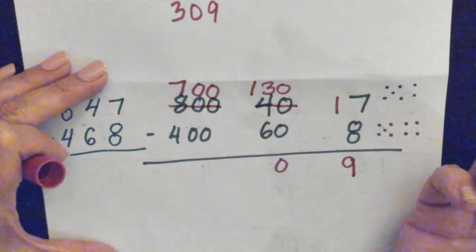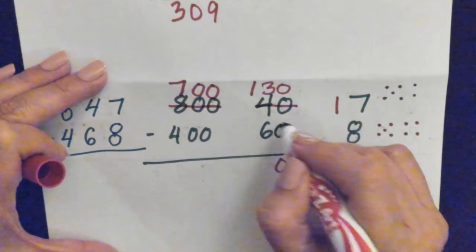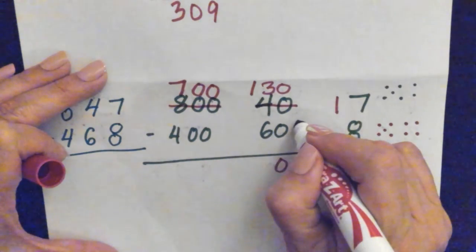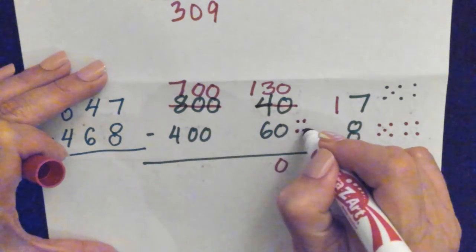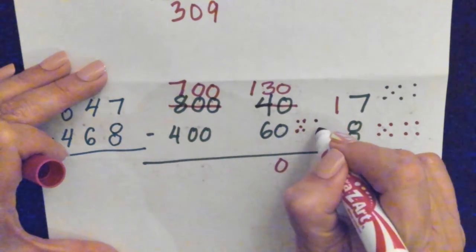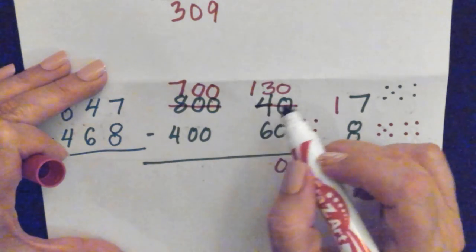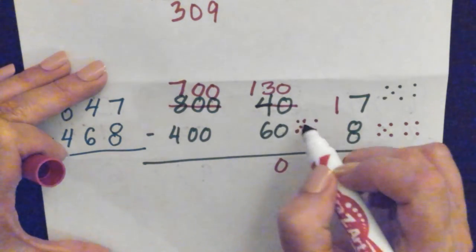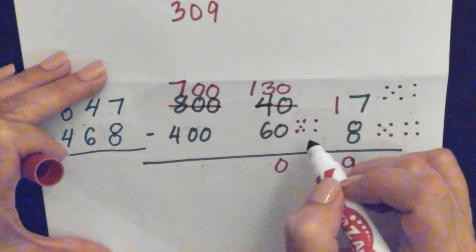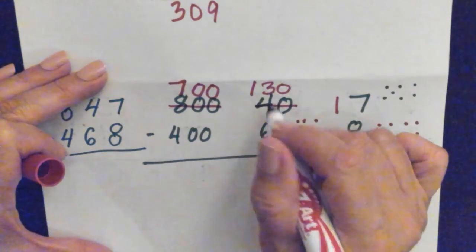Again, if you want to use your fingers, that's fine. 6, 7, 8, 9, 10, 11, 12, 13. I stopped at 13. I didn't go 14, 15. Be very careful because some kids get carried away. They'll count forever if you let them. Okay.